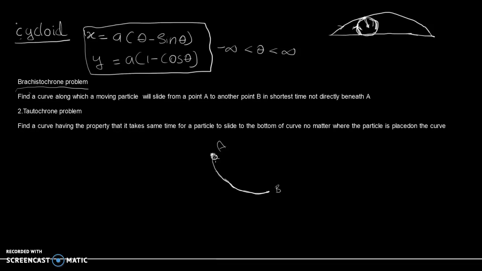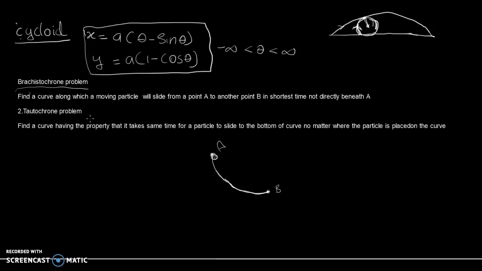When this ball is falling through this curve, it will reach B in a shorter time. So this path is actually the cycloid path. This is the solution of the brachistochrone problem, right?